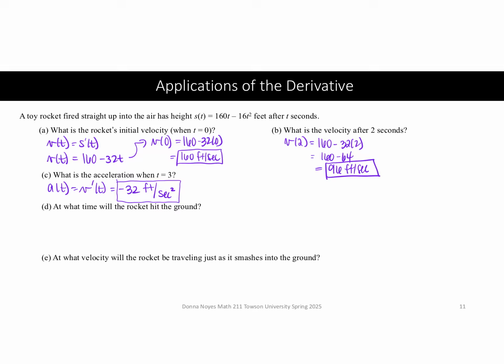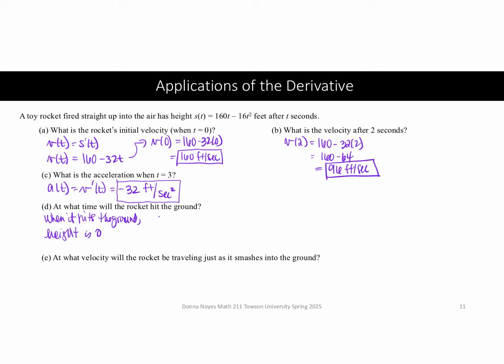Okay. So could we figure out when our rocket now hits the ground? And the answer is, well, sure. What is our height when our rocket hits the ground? Well, when it hits the ground, our height is 0 because it's at the ground.